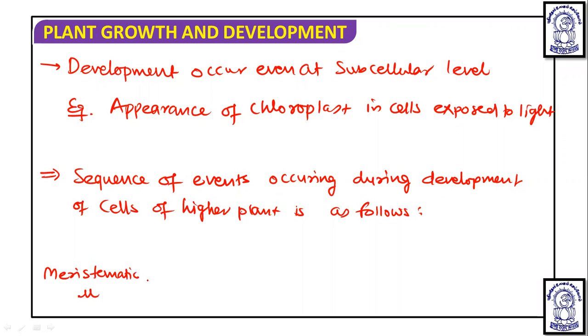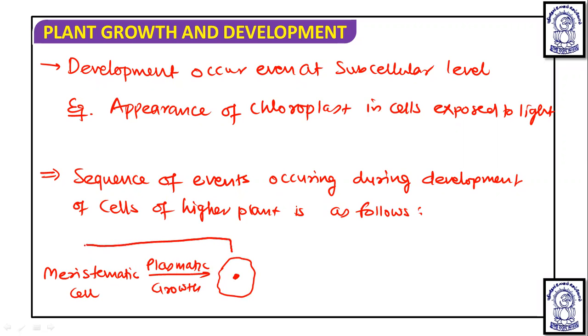As we know, first, what happens? The meristematic cell undergoes plasmatic growth, that is protoplasmic growth. As the protoplasm grows, the cell increases in size.